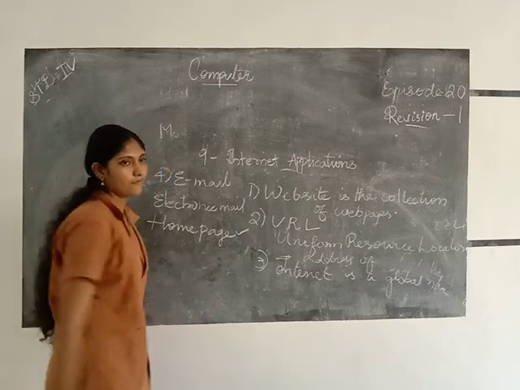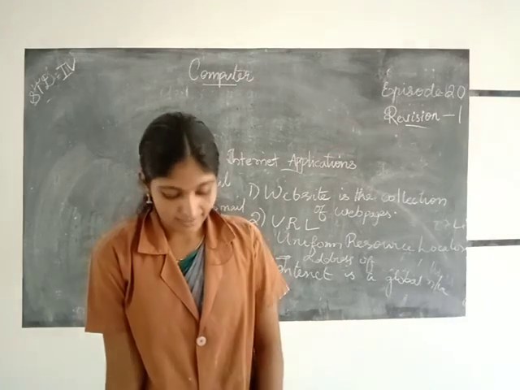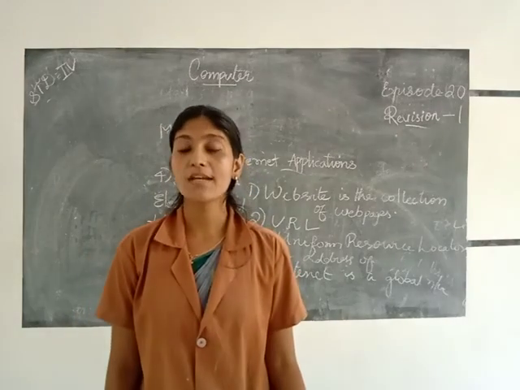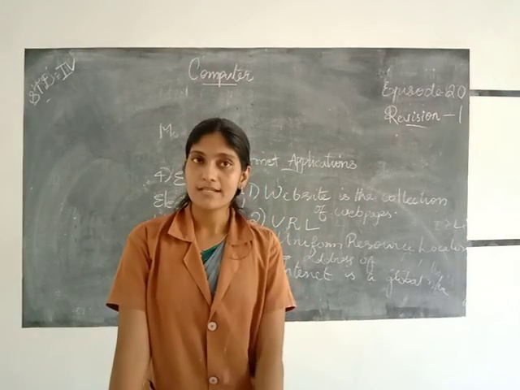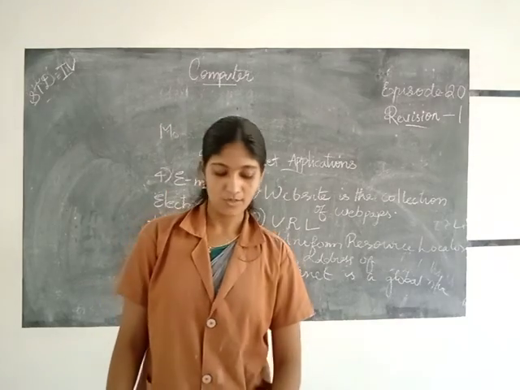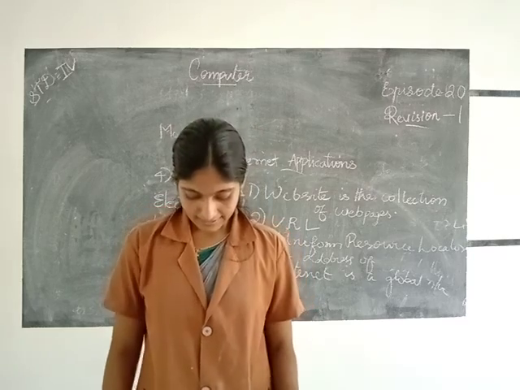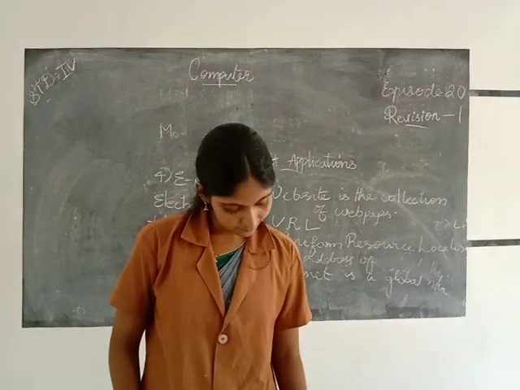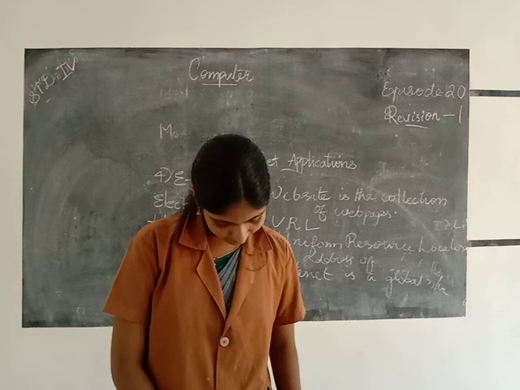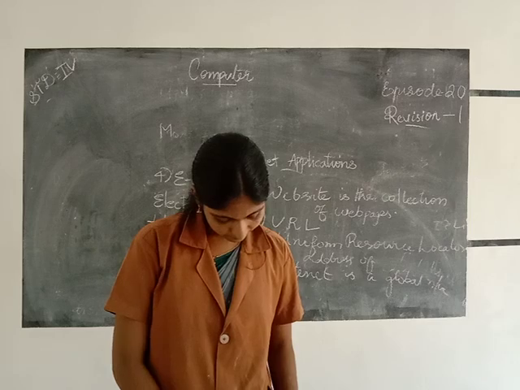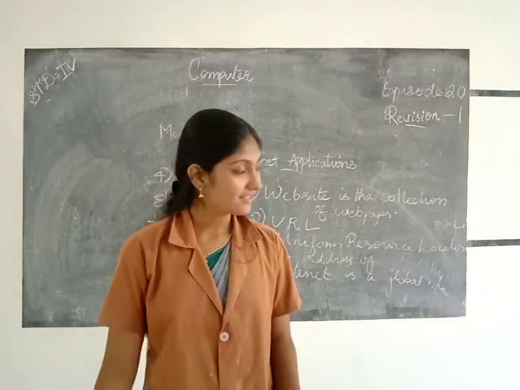Then, what does E stand for in email? E stands for electronic. Then what is the address of an internet document called? Write the full form: URL, Uniform Resource Locator. So these are the main topics in this chapter.